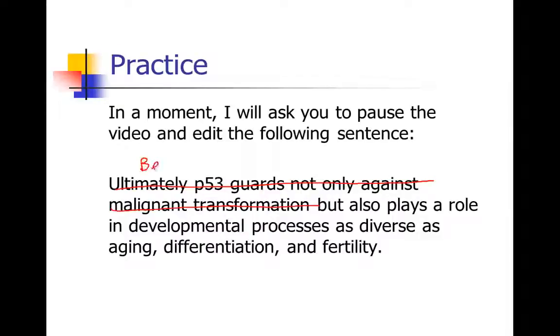malignant transformation is just talking about cancer. So how about besides preventing, guarding against is just a way to say preventing, besides preventing cancer, P53 also plays, I'm going to make this roles because we're talking about more than one role, plays roles in developmental processes as diverse as.